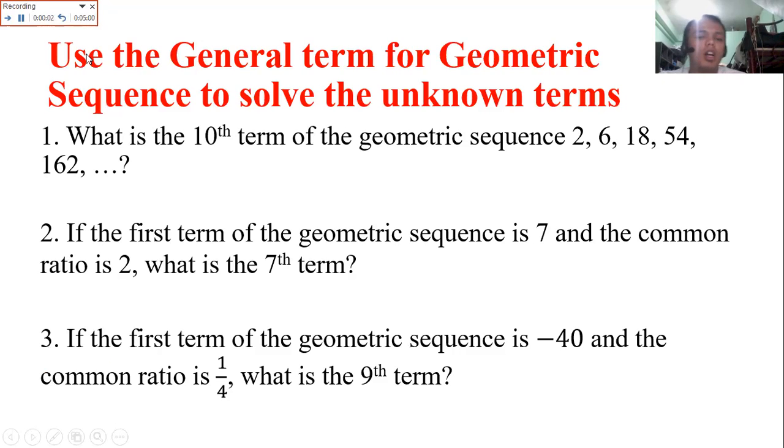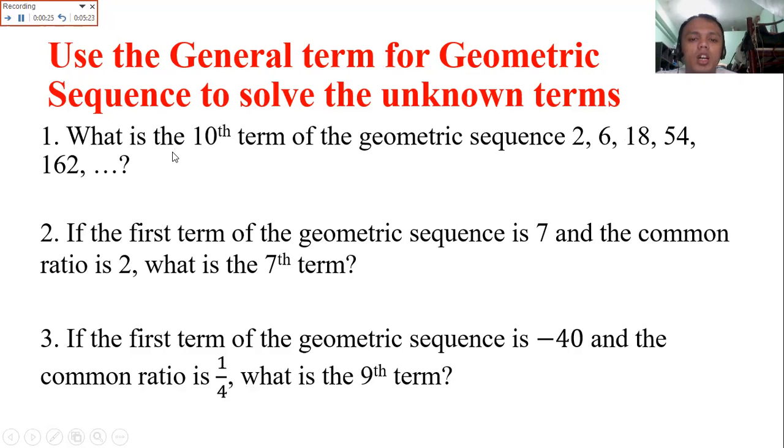Now, exercise. Use the general term for geometric sequence to solve the unknown terms. What is the 10th term of the geometric sequence 2, 6, 18, 54, and 162?